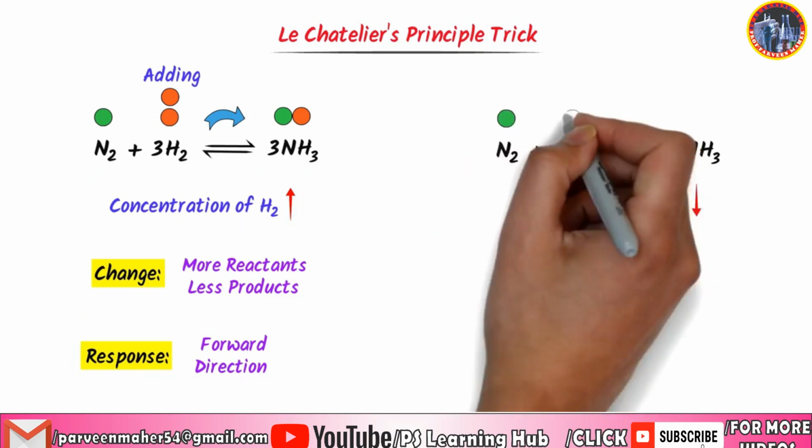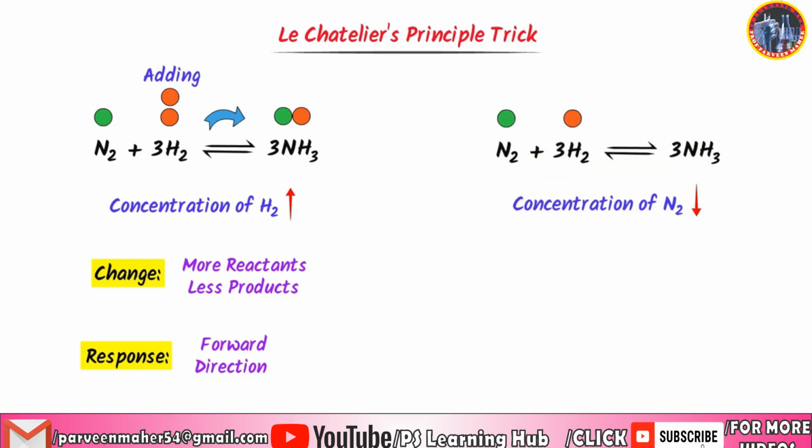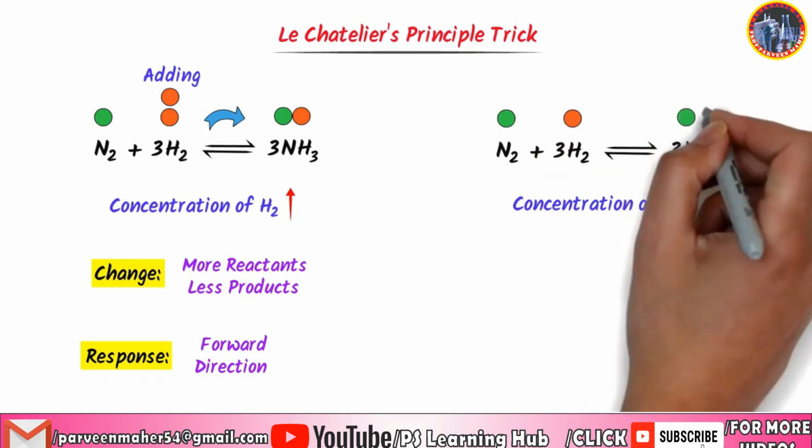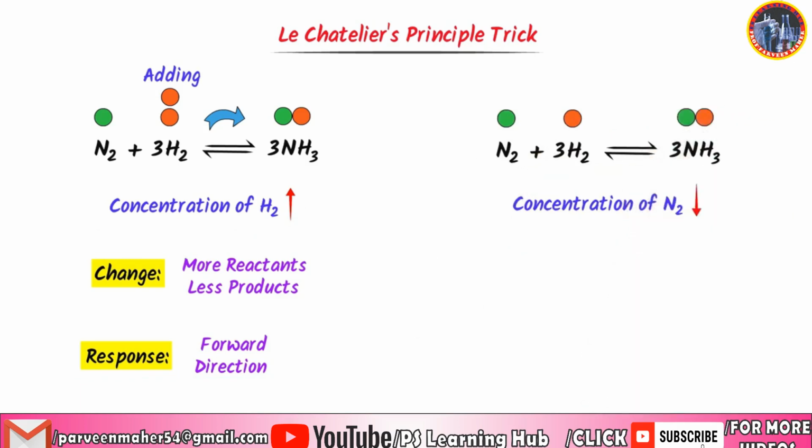Secondly, I again write X and Y atoms. They react together to form an XY molecule. Now listen carefully. When we decrease the concentration of nitrogen gas, it means that we are reducing or removing nitrogen gas. Here, if I ask you what is changing and what is the response of the system, your answer is simple.